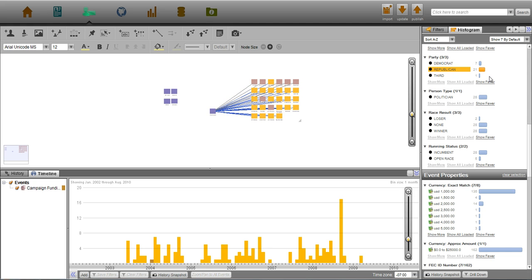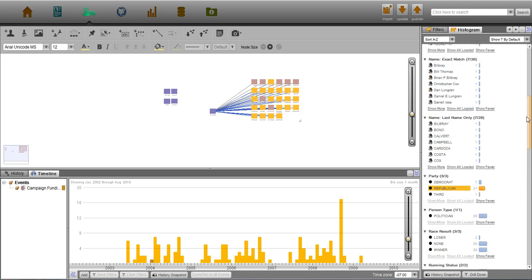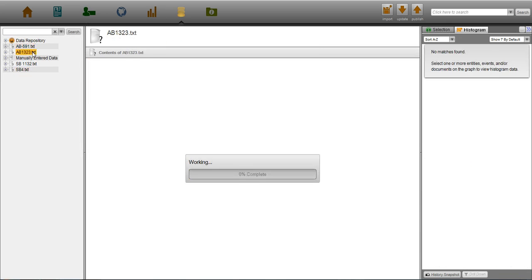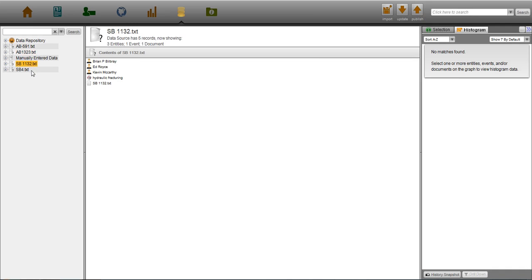So what I really want to get at here is, are there any links between Chevron Texaco and real legislation that's been passed in California? So I actually uploaded 4 bills that were passed between 2006 and 2010, all facilitating further oil and gas exploration, offshore drilling, and here they are, so we can look at them.